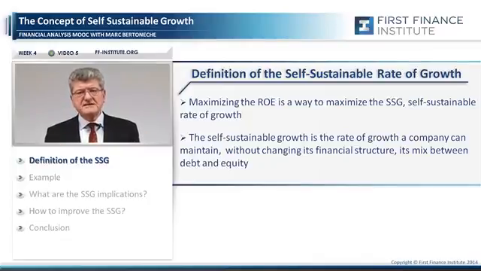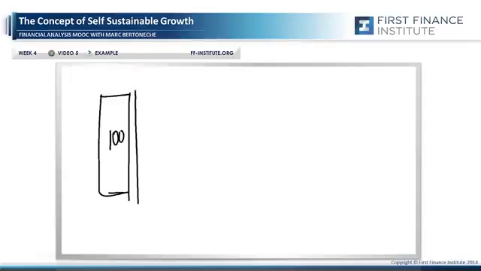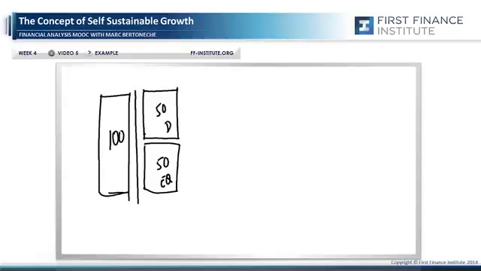Let's take a very simple example by using company B that we described in video 3 this week. So remember company B. Company B had 100 of capital employed, financed by 50%, 50 of equity, and 50 of debt.